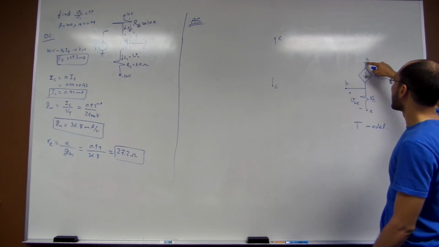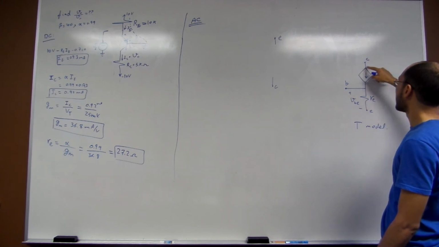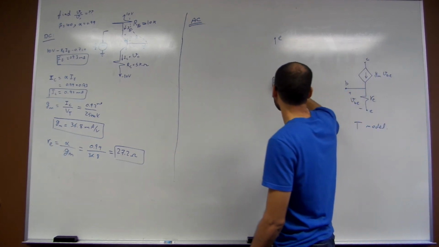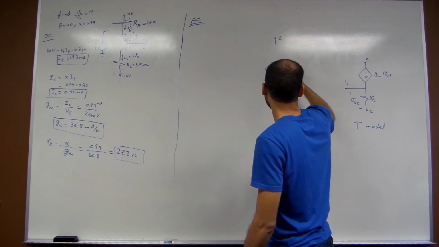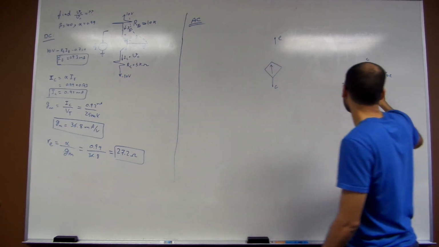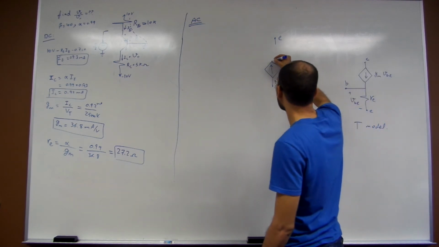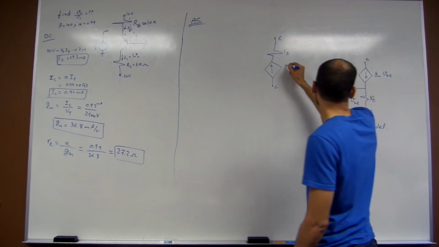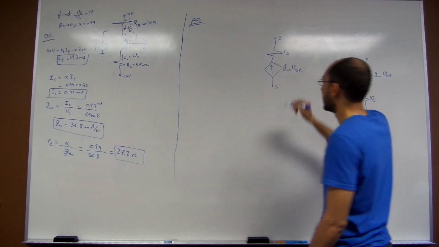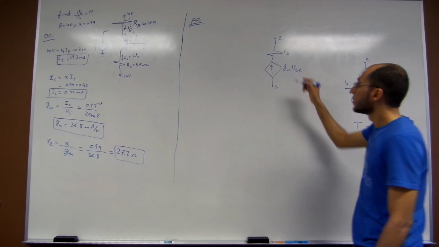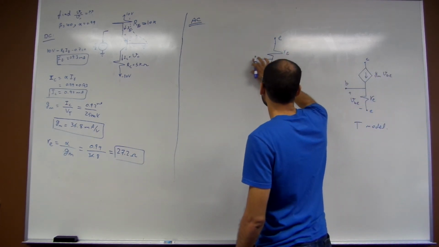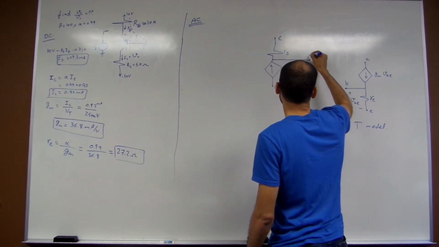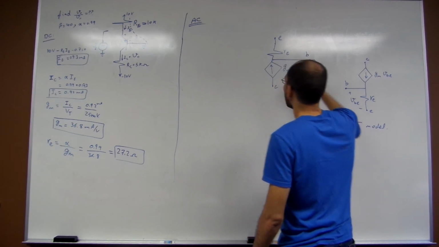So from the collector to the emitter, I find a dependent current source followed by RE. So a dependent current source, pointing from the collector to the emitter, and then followed by RE, and the value of this is GM VBE. And then you have the base, but the base is on the right side, so this is the base, and it is shorted to the ground.